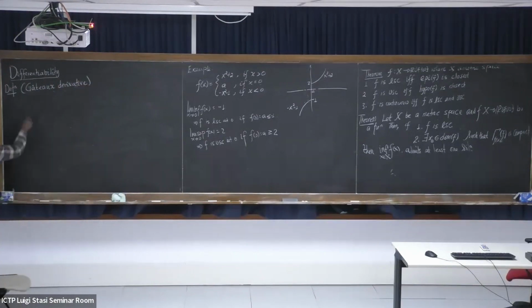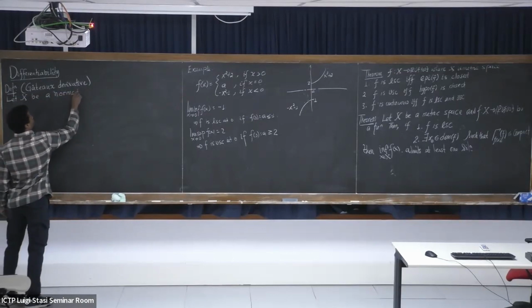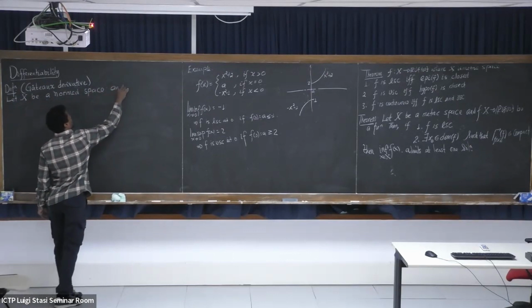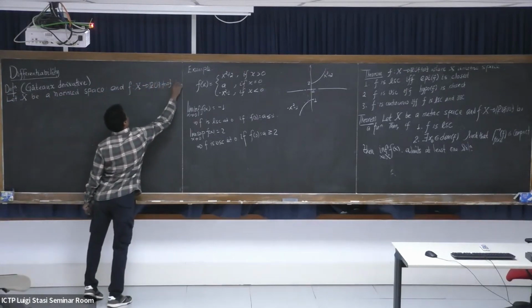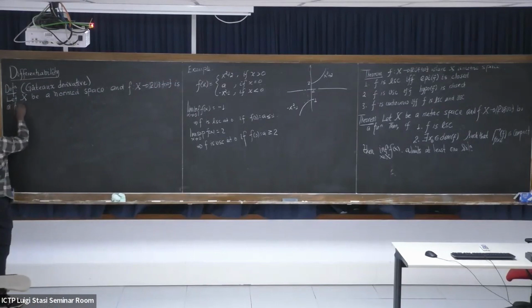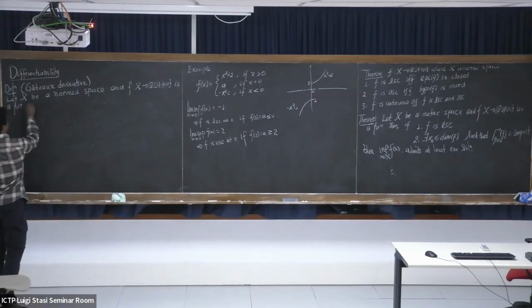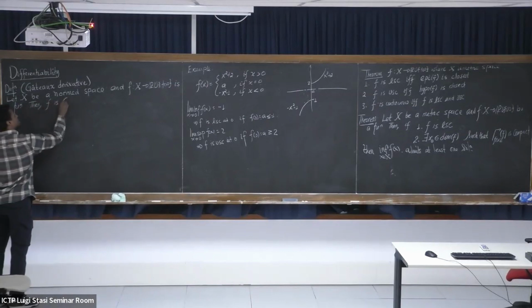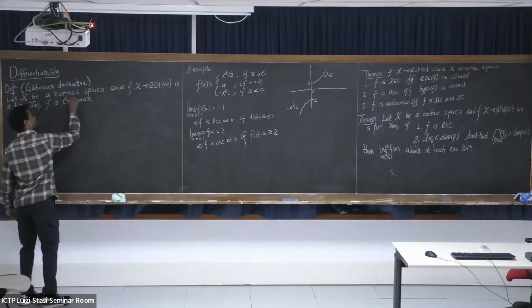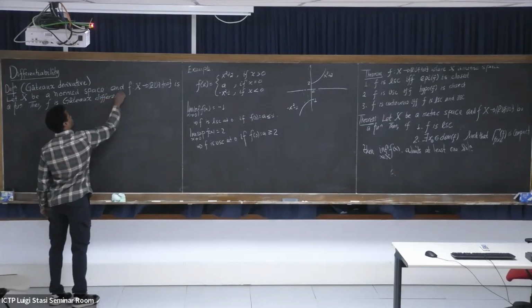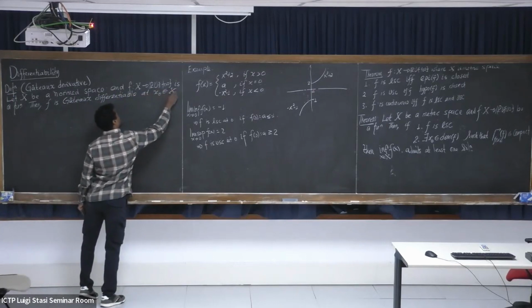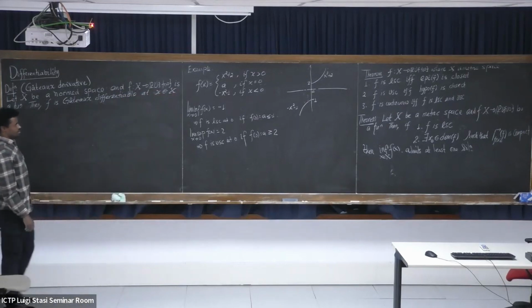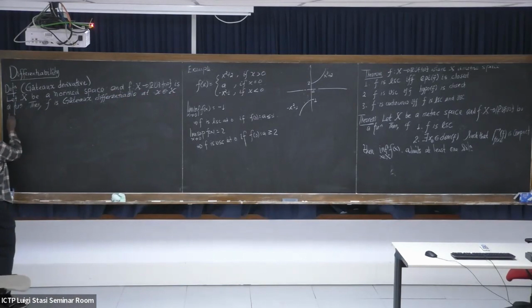Let X be a normed space and f a function. Then F is Gateaux differentiable at X naught in X if the following two conditions are satisfied.